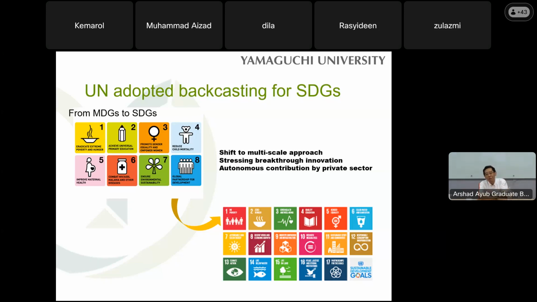But the SDGs are an urgent issue, and everyone knows that if everything goes as we are now doing, it is impossible to achieve the SDGs. If we adopt a forecasting approach, we cannot expect breakthrough innovation. That's why the UN changed the approach and adopted the backcasting approach.